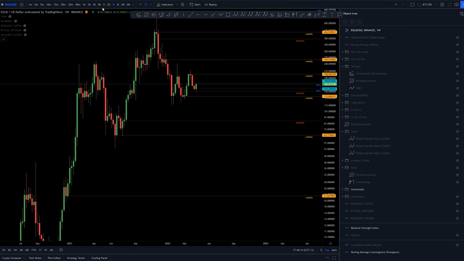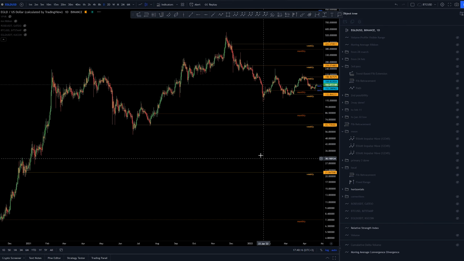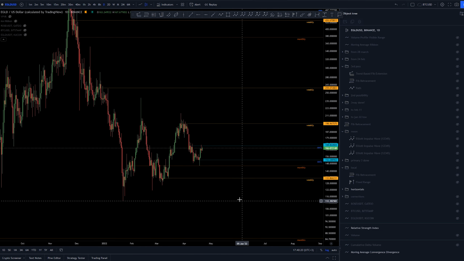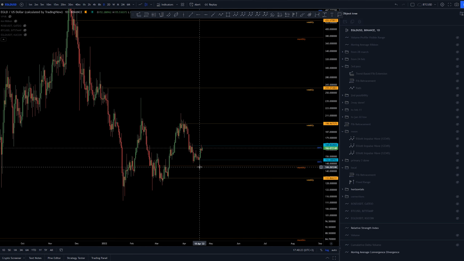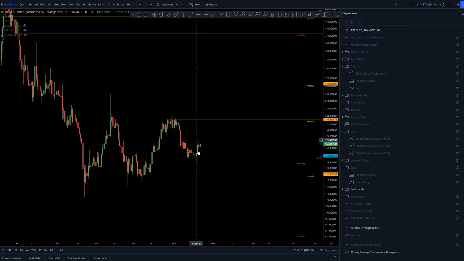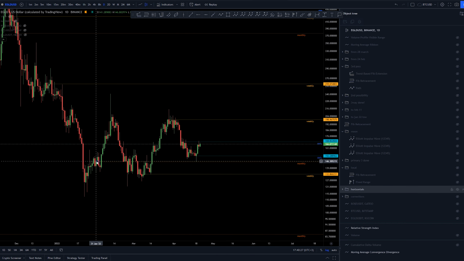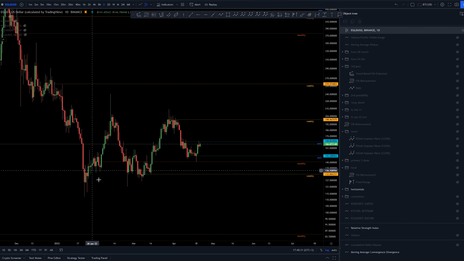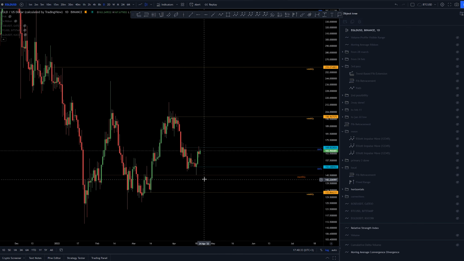So currently, let's go back to daily time frames so we can actually see something that's relevant. The last low that we made here on April 18th, we tapped a monthly that was established around the start of the month of February, and reverted very nicely upwards.